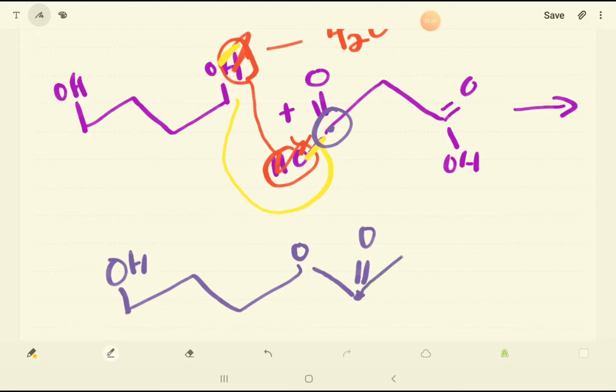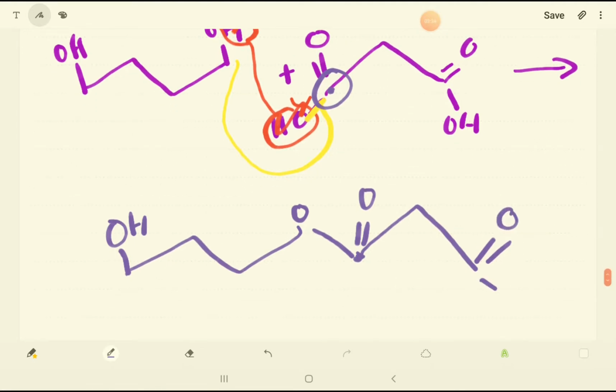And your other hydroxide head and your carboxylic acid head, I should say, is still there. Like our other polymers, though, we're going to put a bracket around it.